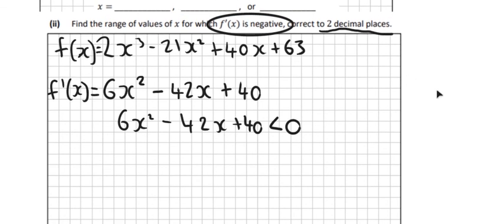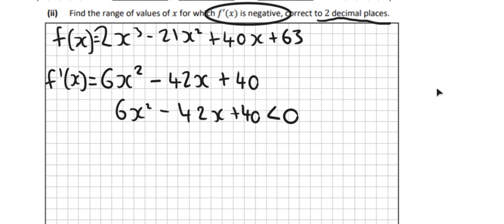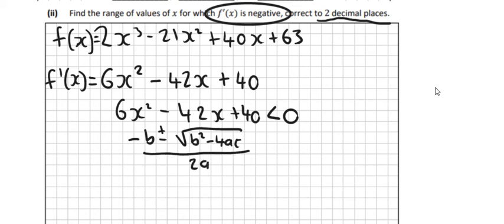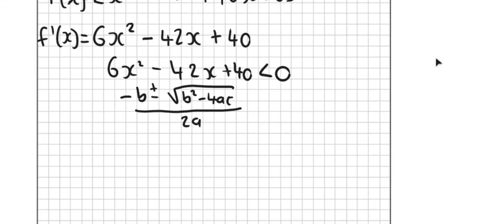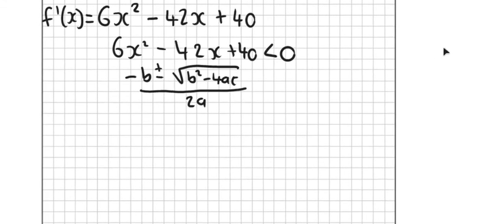If it's correct to 2 decimal places, we're not going to factorize it, because decimal places always means that you use the minus b formula. So we're just going to use that formula, minus b plus or minus root b squared minus 4ac over 2a. So you should be used to that formula, and it should be in your log tables anyway.